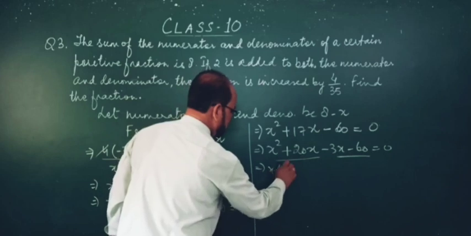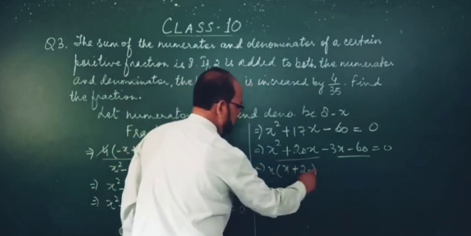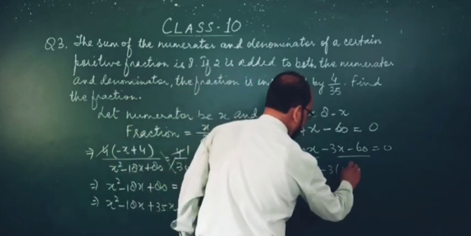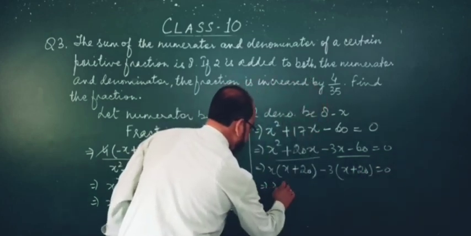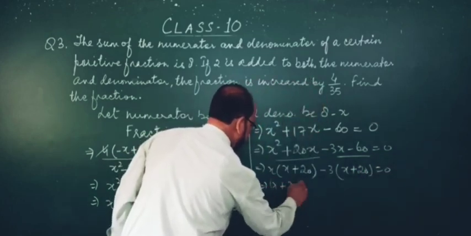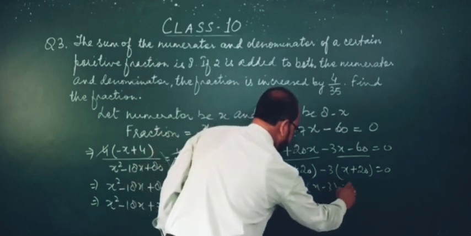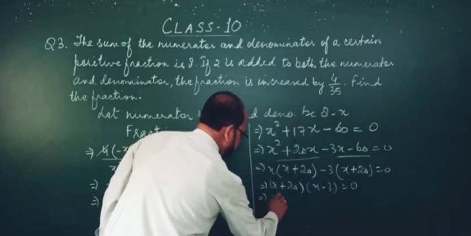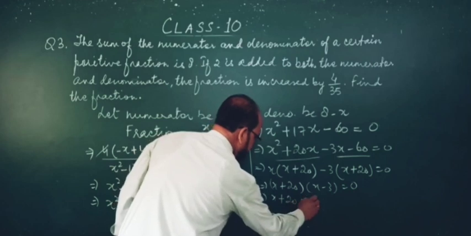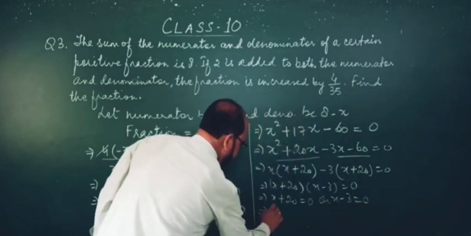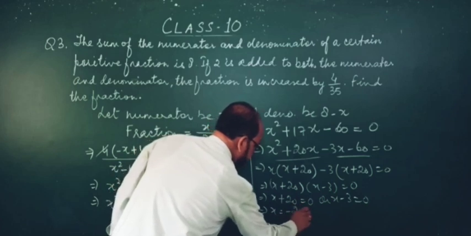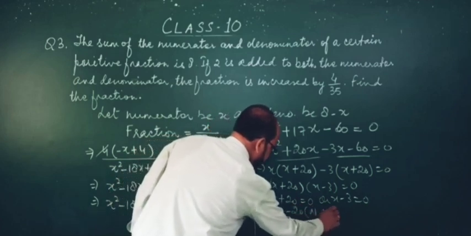Pairs: x will be common, x plus 20. 3 is common, x plus 20. Now x plus 20 is common in both, then x minus 3 equals 0. Once you take x plus 20 equals 0 or x minus 3 equals 0, x equals negative 20. This will be not applicable. Why?